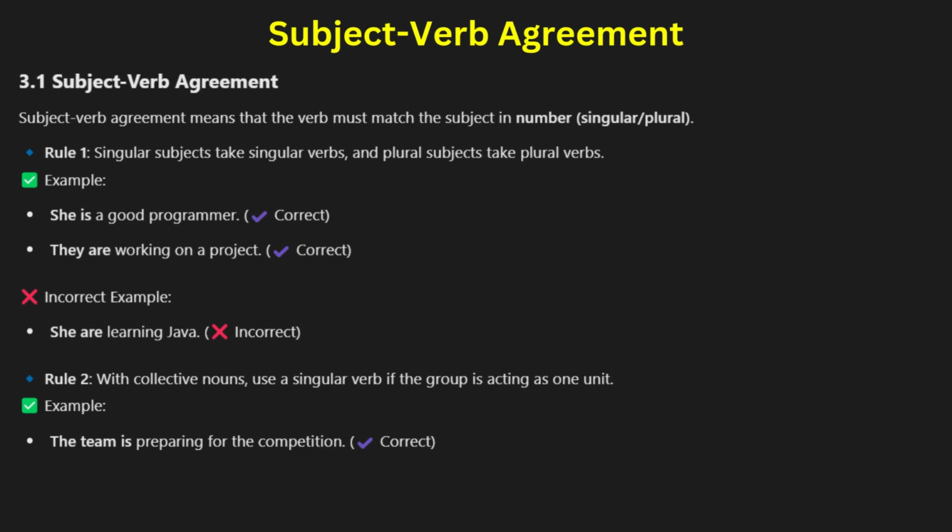Okay, so the rule applies even when there are words between the subject and the verb. Means "the list of topics is interesting", not "are interesting". When using compound subjects with 'and', it makes the subject plural, like "John and Mary are working", but 'or' considers the closest noun, means "either the manager or the employees are responsible".